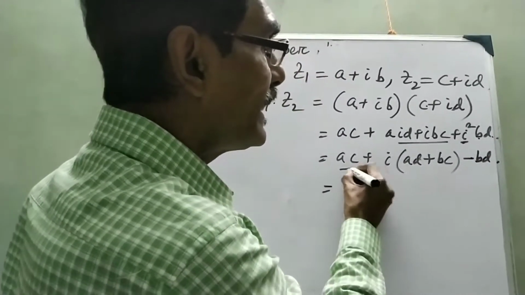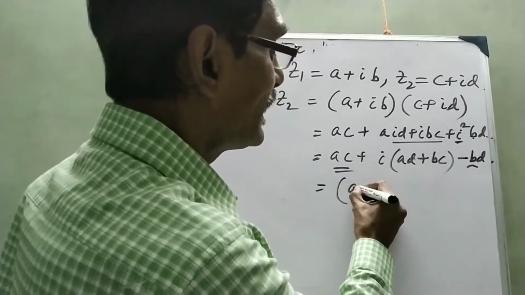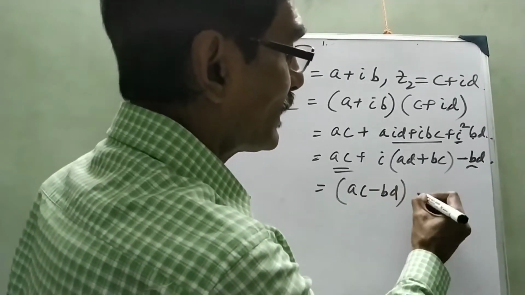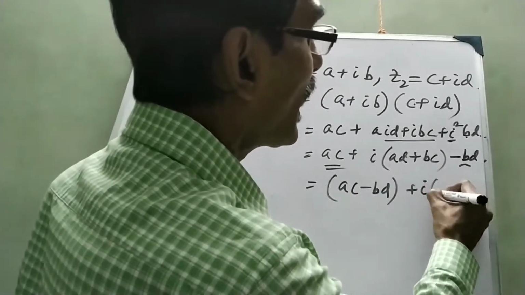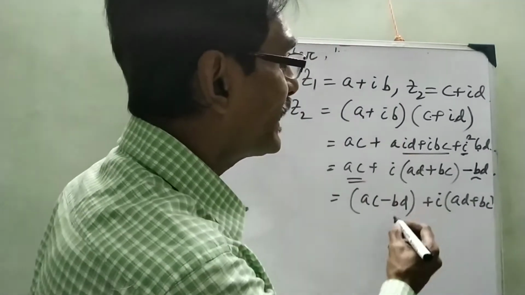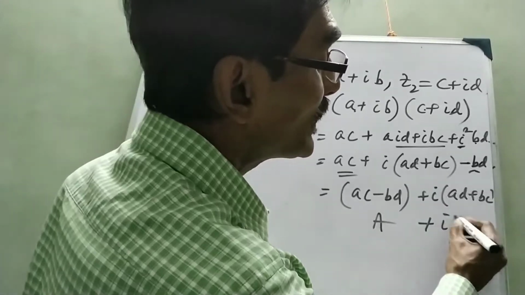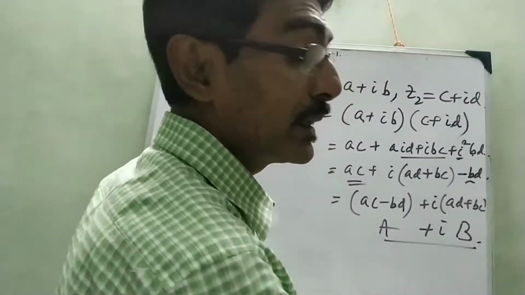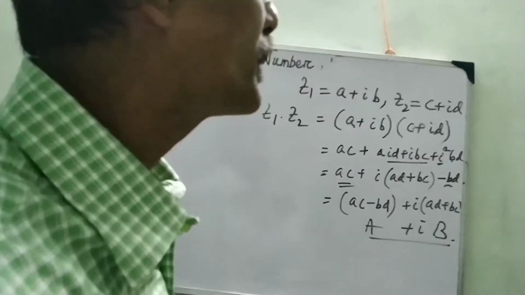Again you collect the real parts, you are getting AC minus BD. The next part, i into AD plus BC. So you see, again the final result is coming in the form of A plus iB, the standard form of a complex number.